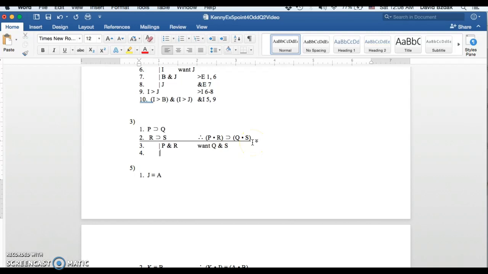Okay, so now we'll get P by itself by conjunction elimination of 3. We'll get Q by itself, same way, conjunction elimination of 3.